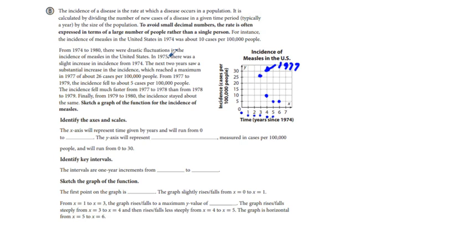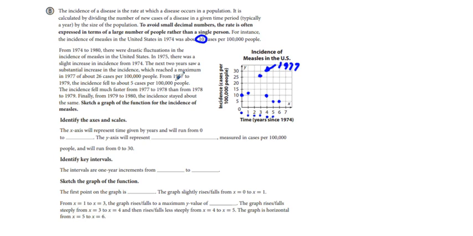It says in 1974, which is where we started, there are about 10 cases. So we're going to say 10 cases here in 1974. And in 1975, there was a slight increase, so we can say that we increased from 10 to 12 maybe.